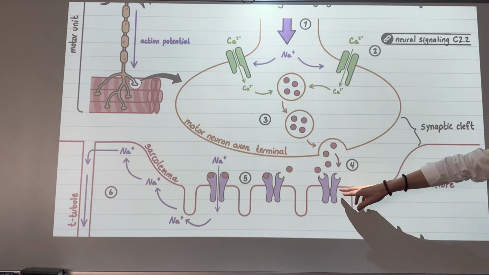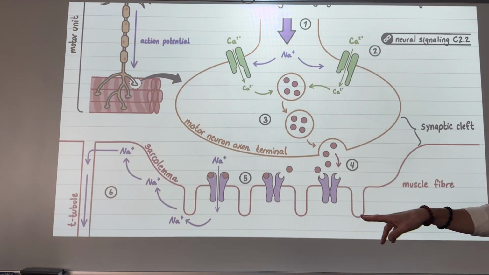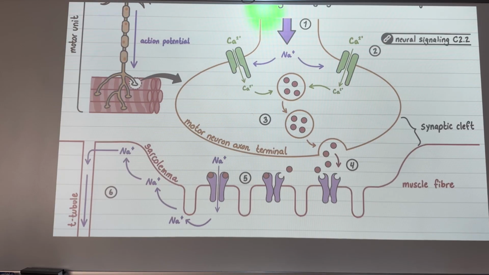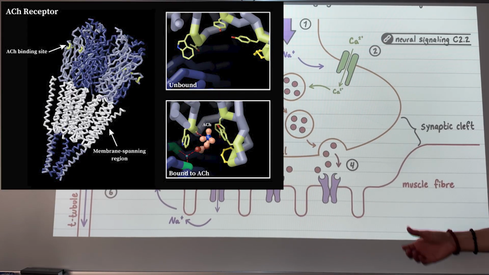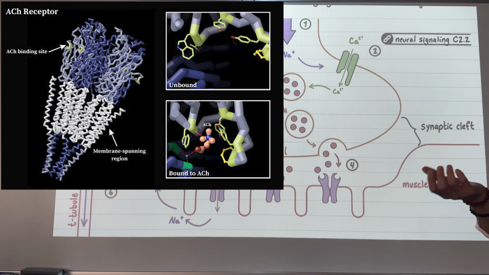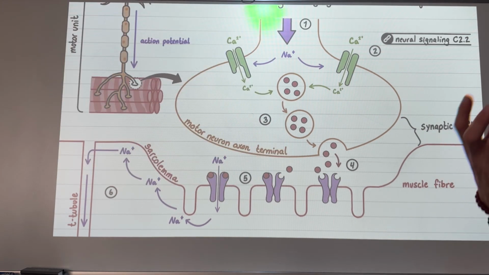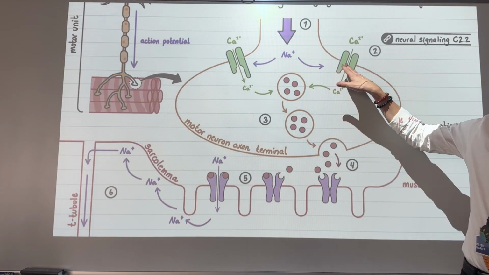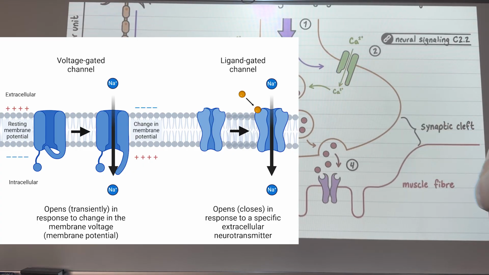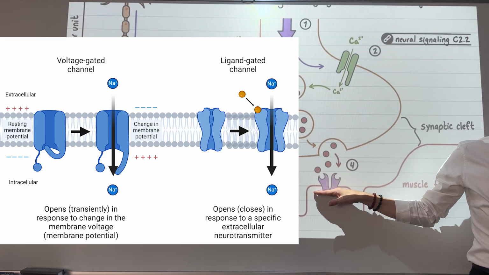This is now going to be the protein that we examined in membrane transport, that being the nicotinic acetylcholine ligand-gated channel. So nicotinic in the sense that nicotine as a chemical, or a class of chemicals, can all bind to this. If this was a voltage-gated channel, meaning it opens and closes relative to the change in membrane potential, this is a ligand-gated channel.